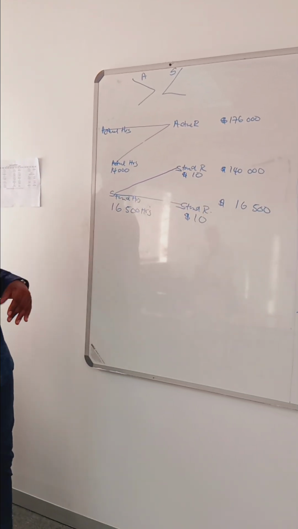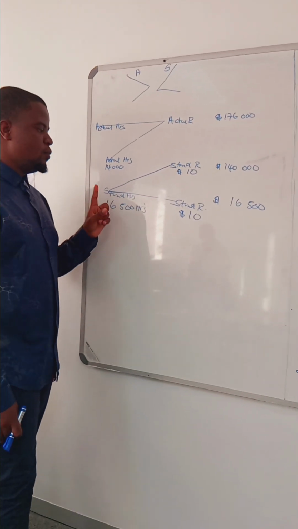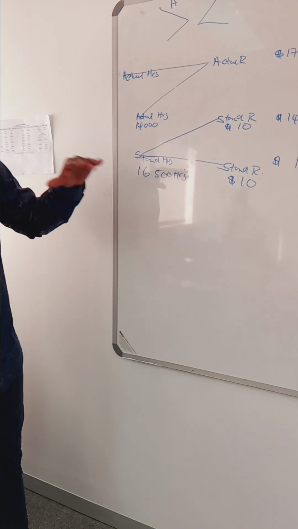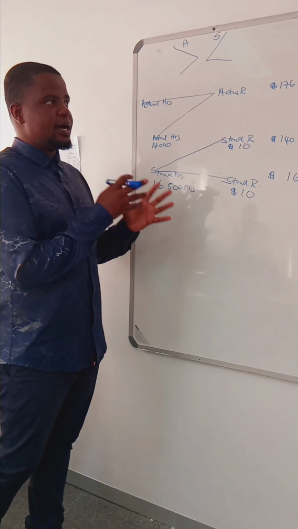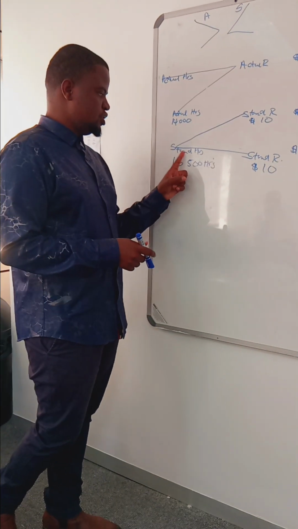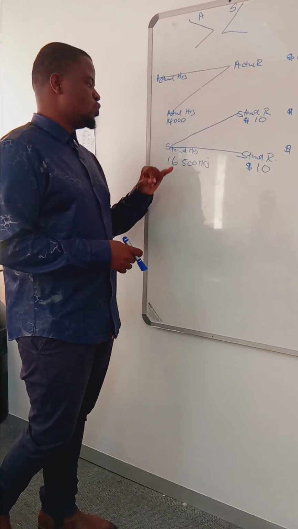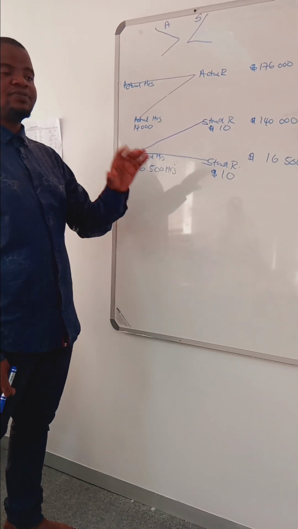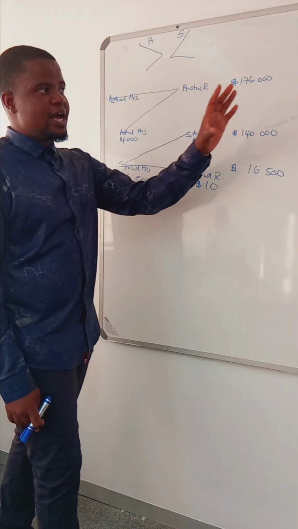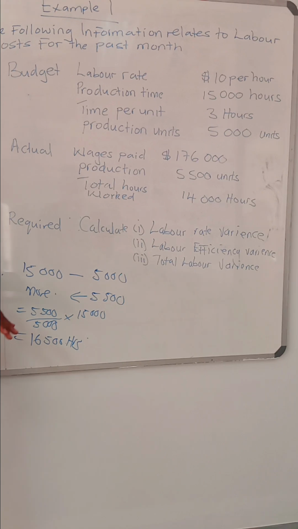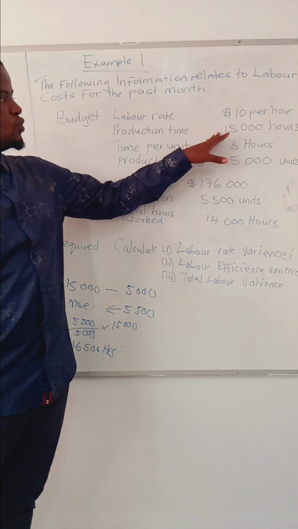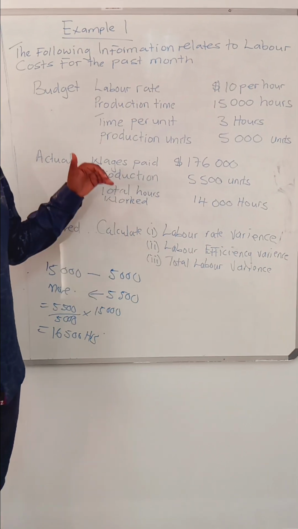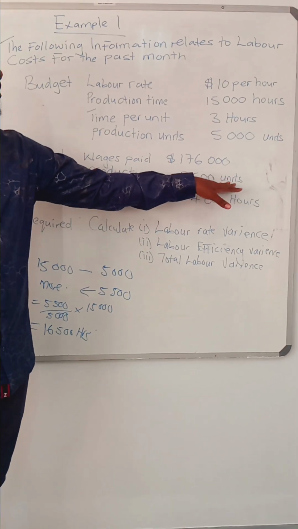Then standard hours. Here you need to be very careful. Most students fail to get this correct. If you see yourself failing these questions, it means you did not get it right here. Remember, this is the standard hours for the actual output. We budgeted to work 15,000 hours to produce 5,000 units, but now we produced 5,500 units.